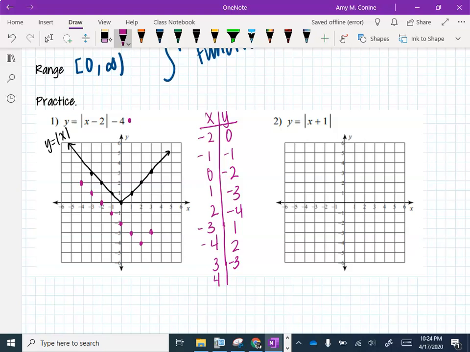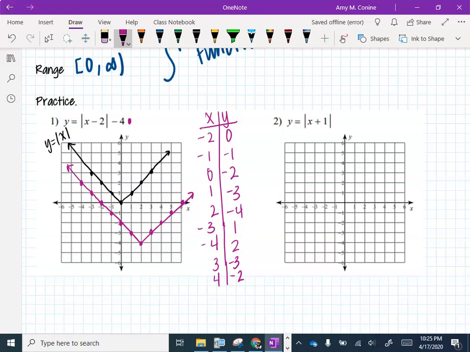There we go. So I'm starting to see where my shape changes. Okay, and we're going to talk about a quicker way to do this later in our notes. But you can see that the pattern will continue, and then you can connect your points. Okay, so that's what problem one looks like.